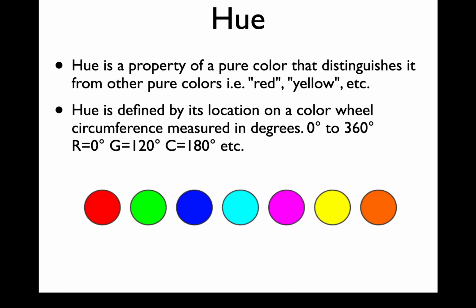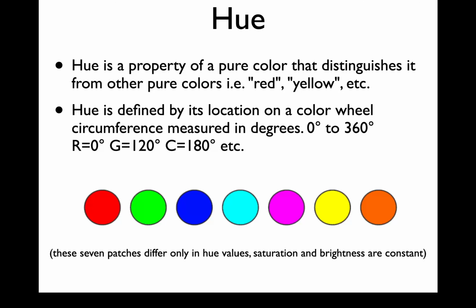By definition, the way the same people who did this in Paris in 1931 established it, if you go right at 3 o'clock, that's where 0 degrees is, and by definition, that's red. So hue is defined by its degree around that circle.